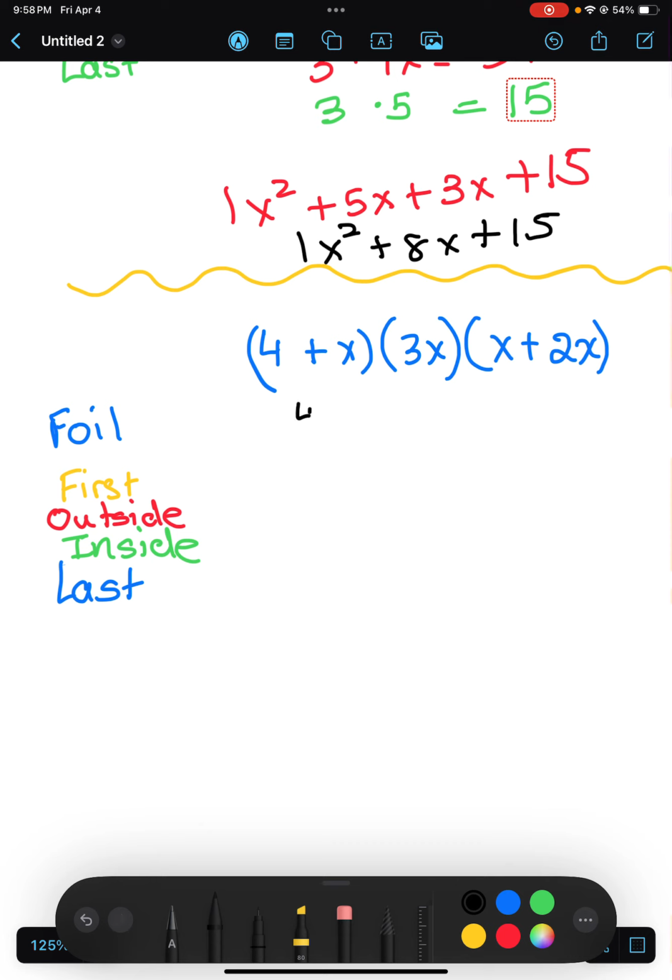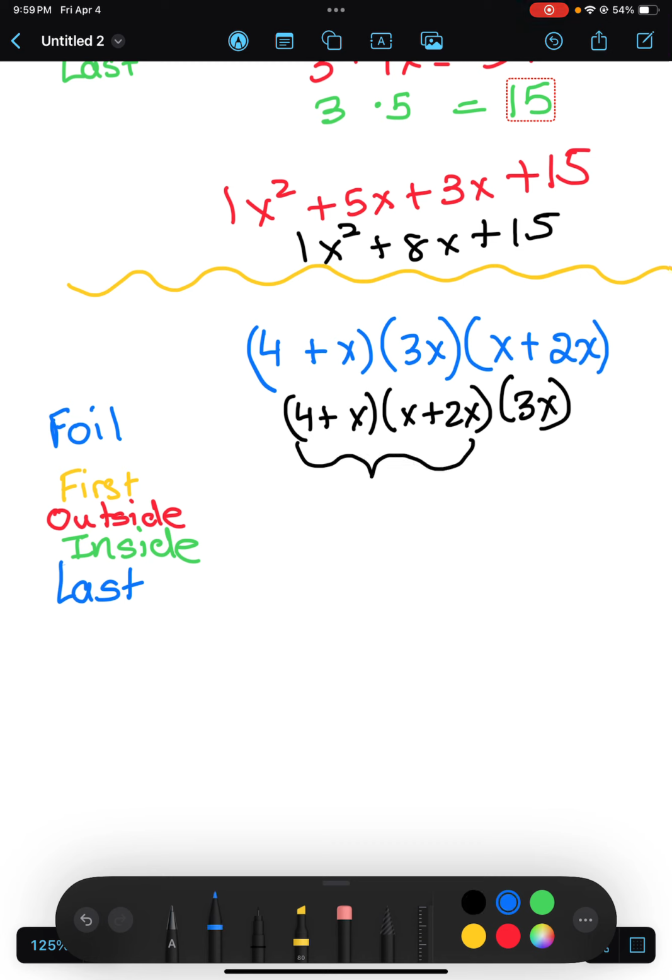So let's start by doing 4 plus x multiplied by x plus 2x, and then I'll figure out the 3x. So I'm going to start these ones first. So again, first is going to be 4 and x. So 4 times x is going to give me 4x.